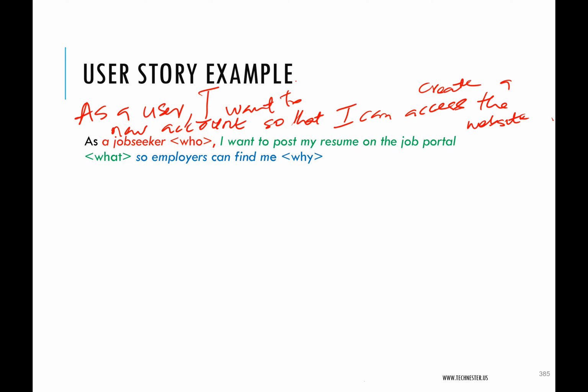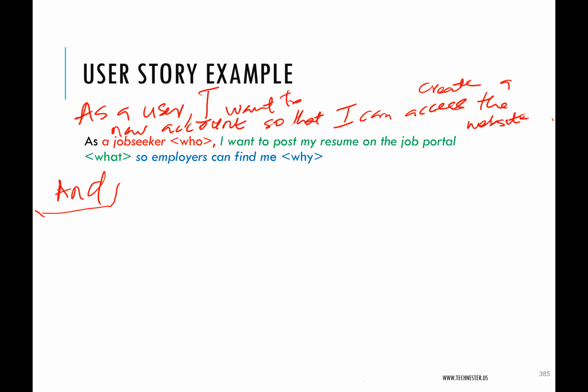Let me quickly add something. The key syntax of Gherkin is given, when, then. But you see, and is a bonus. We all know in the English language, as they taught us in elementary school, and is a conjunction. So sometimes you want more than one precondition, so you can use and to join them together.